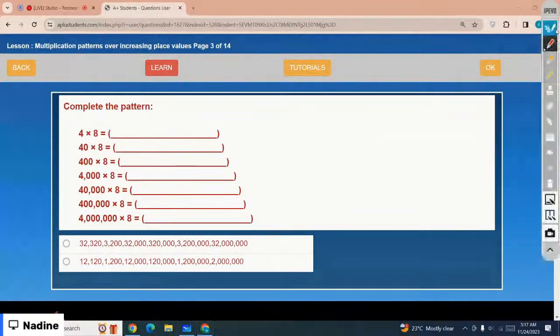Basically, you just have to multiply the non-zero values, right? And then you have to add the zeros. Like here you have just one zero. So 4 times 8 is 32, add one zero. Again, 4 times 8 is 32, add two zeros, right? Then 4 times 8 is 32 and add three zeros. So the correct option is option number 1.